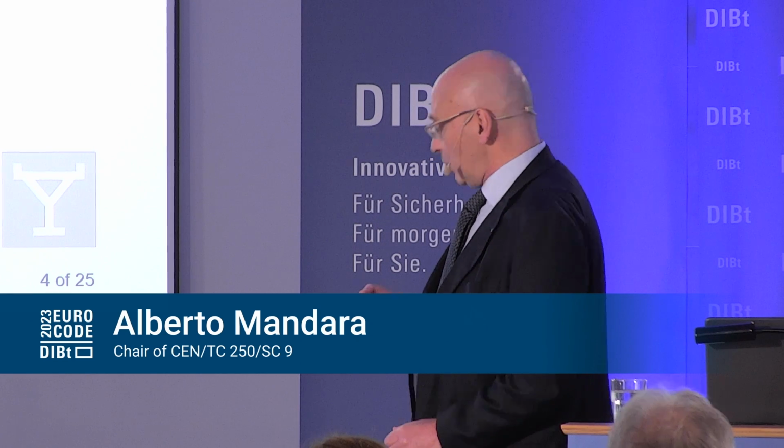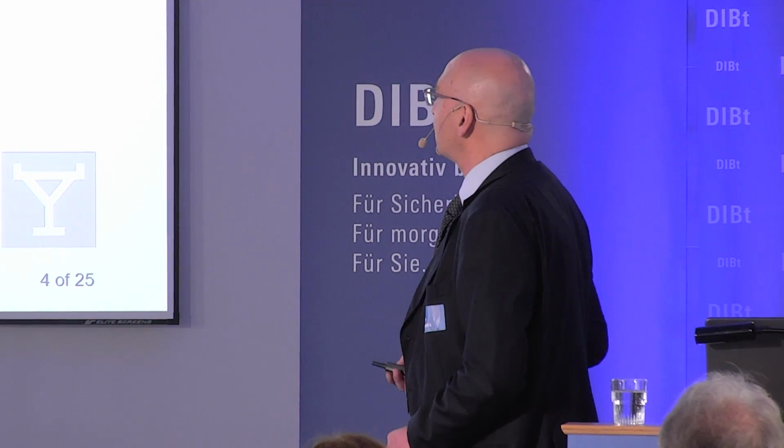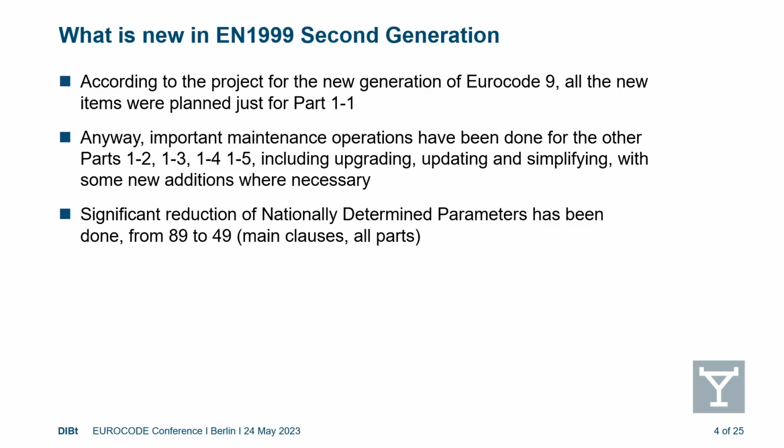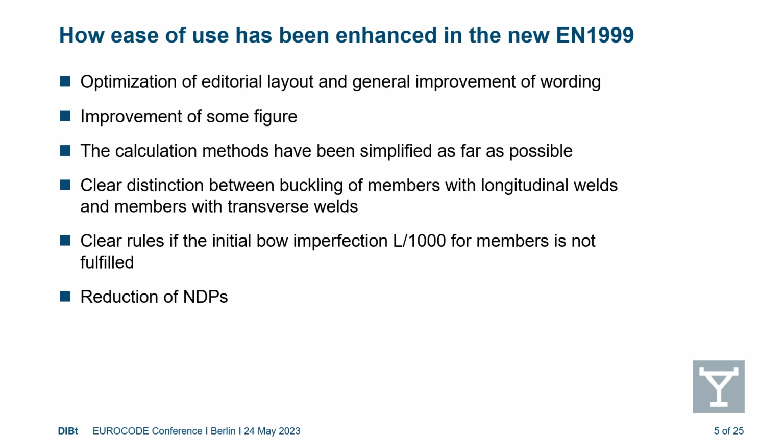And in the end, we also reduced the number of the nationally determined parameters, which I've seen is a common task of every Eurocode. Likewise, most additions were made in part 1.1, whereas the other parts were just marginally modified.